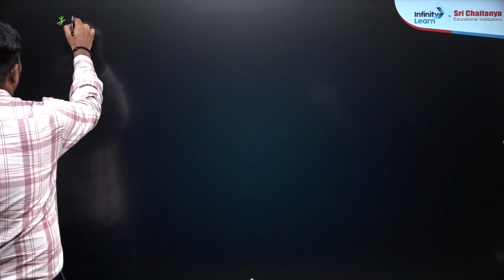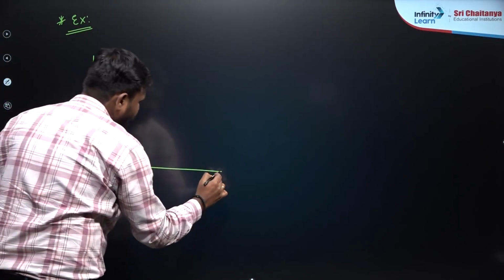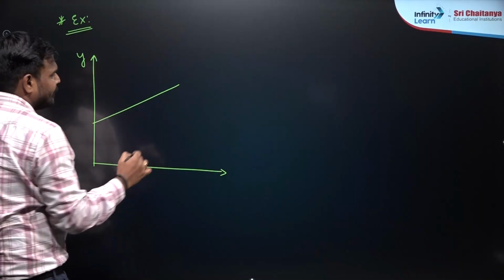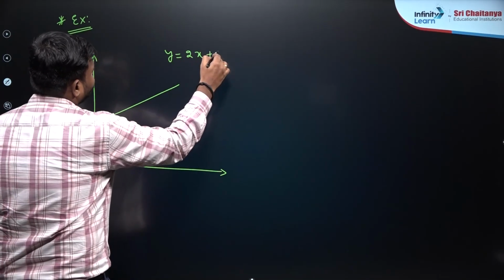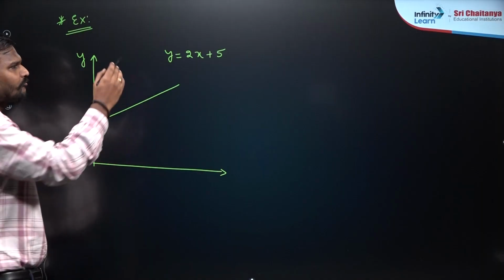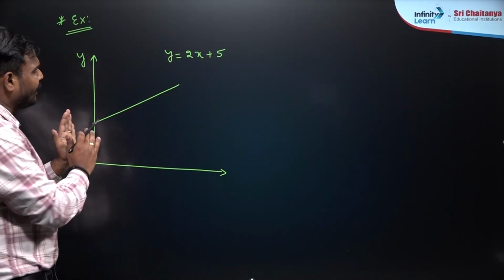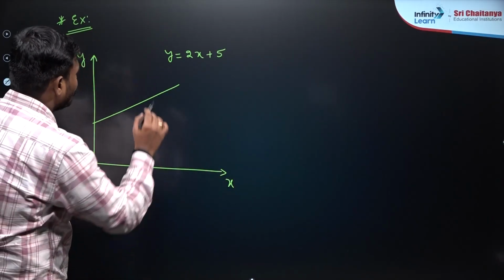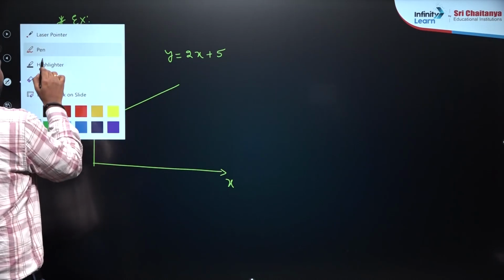Now we will have an example of slope questions. Let us say we have an equation, a straight line, y is equal to 2x plus 5. If I plot this on a graph, it will come like a straight line. Is that clear? Now, what is the slope of this line, if they are asking?